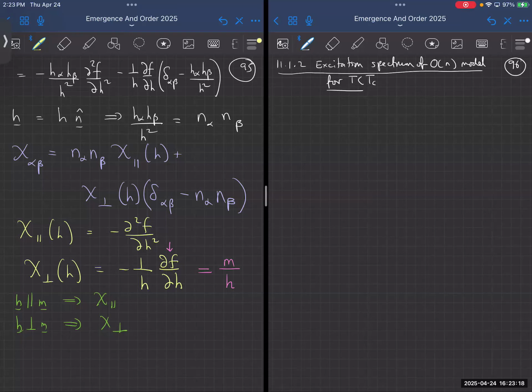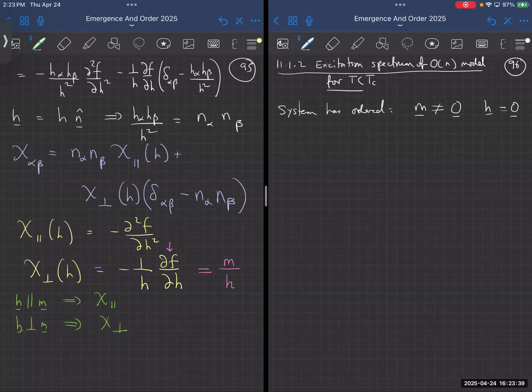We're going to now suppose that the system has ordered. And so that means that there is an M not equal to 0. The M is pointing in a certain direction, and that is true even when there's no external field, H equal to 0.